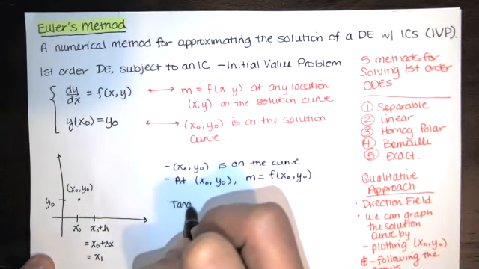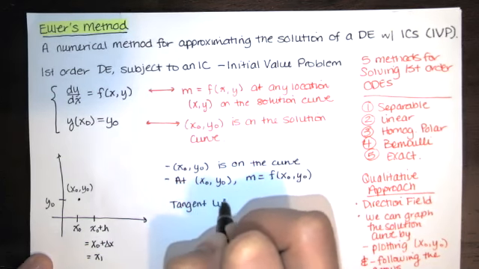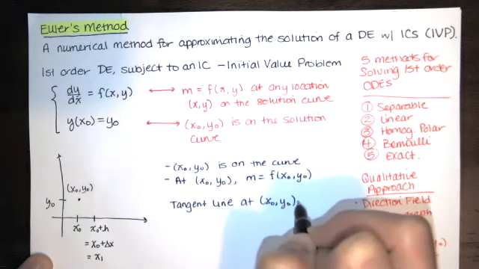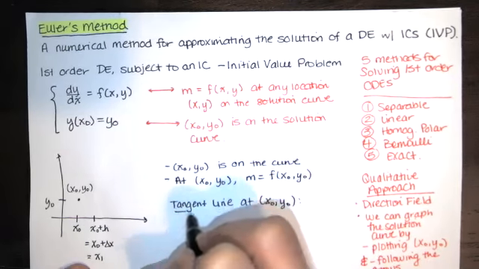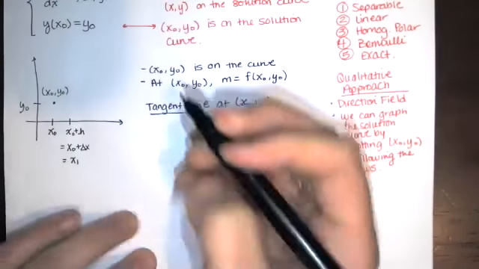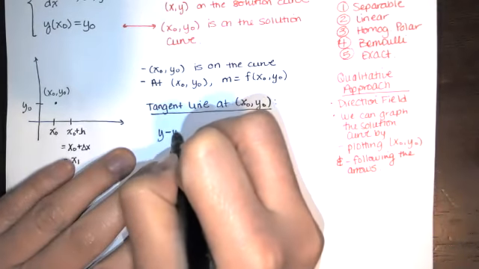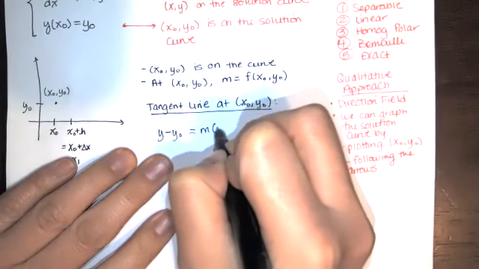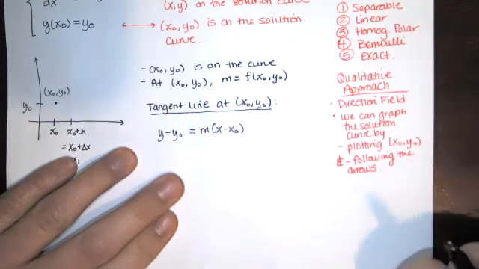So this is what we have. We know that the tangent line at x naught, y naught satisfies this. That's probably been a little while since pre-calculus, but this is called the point slope form of the equation of a line. Y minus y naught is equal to m times x minus x naught.